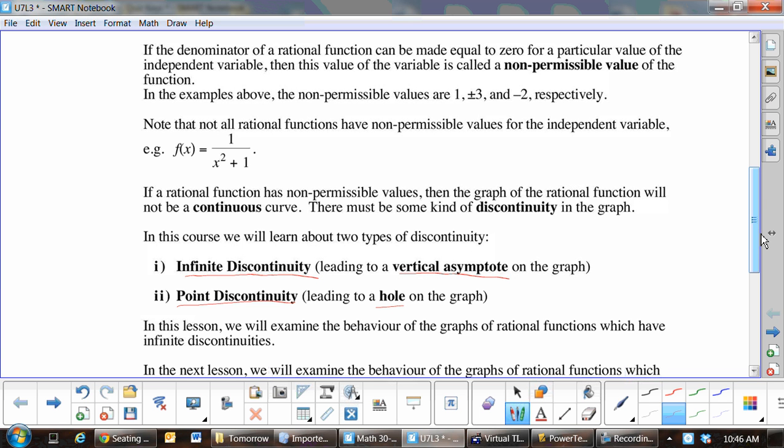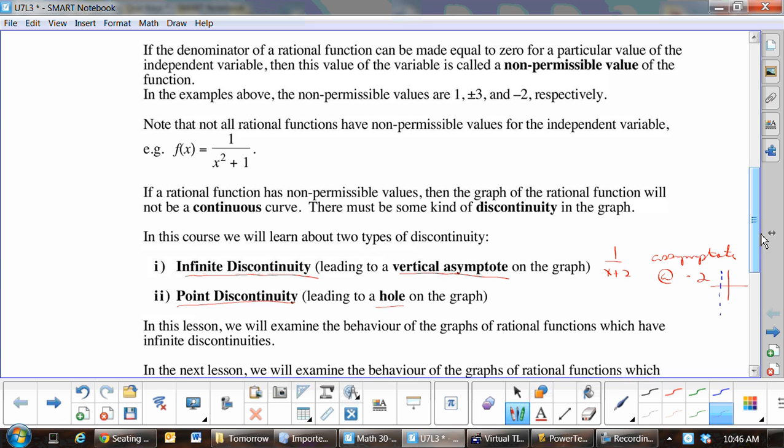Now, the simplest way to show this, if you had 1 over x plus 2, this will give you an asymptote at -2. So if I was to draw this, I would have an asymptote at -2. Now when would I have a hole in the graph?